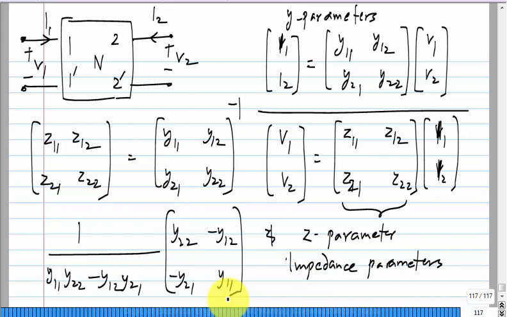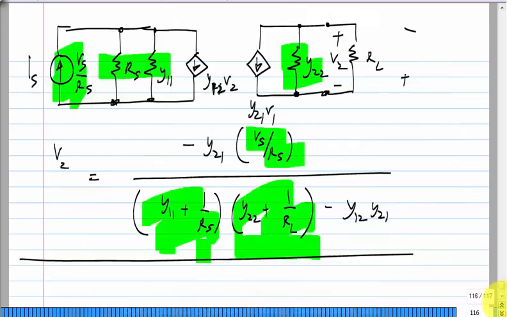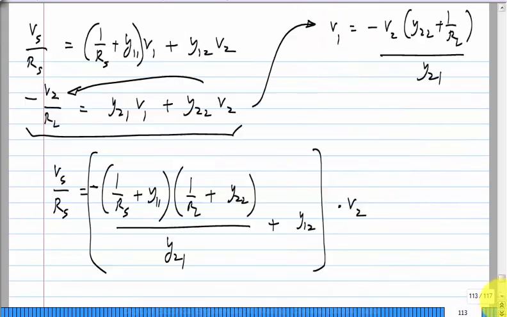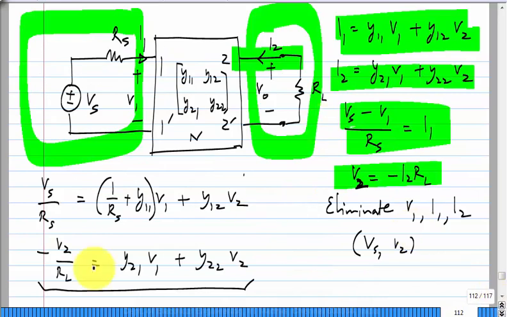You can also, as an exercise, try to calculate V0 by Vs with Z parameters. Okay. So that you can do by yourselves and see whether that expression looks similar or different from the other expression. Okay.